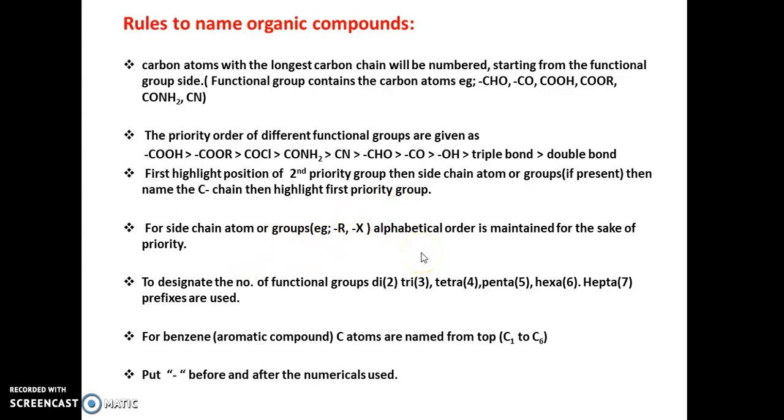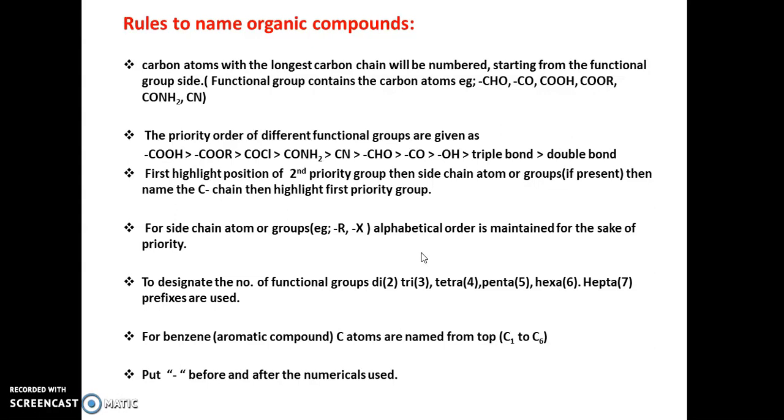Since ethyl starts with the letter E, it has more priority than methyl, which starts with M. E is present first in the alphabetical series, so the position of the ethyl group will be named first, and then the position of the methyl group. So the positions of the side chain atoms or groups will be written in alphabetical order.